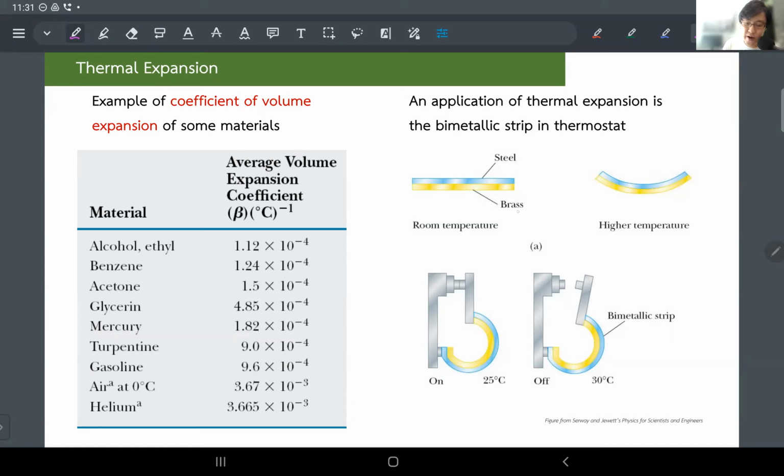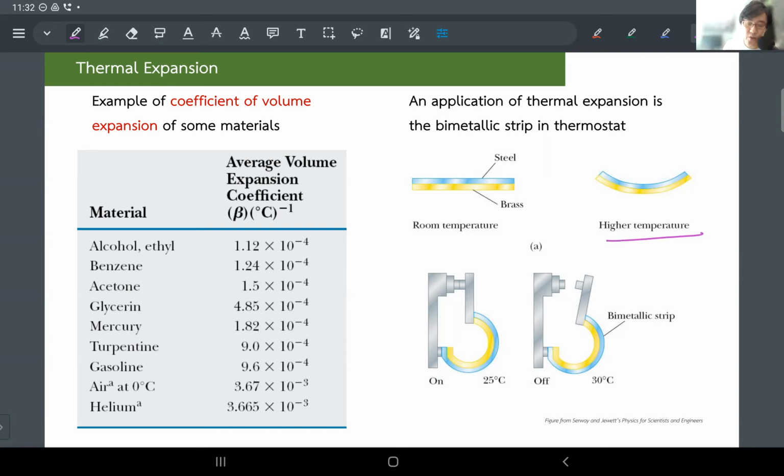The way they build this one is called bimetallic. You use two types of metals that have different expansion coefficients. So when you go to a higher temperature, in this case, the brass is going to expand more than the steel. So the bimetallic strip will bend up.